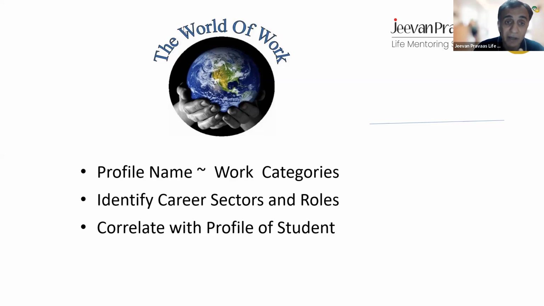Subject is also there, but the core component is the connection with the students, the people orientation. That is how it is decided. Every family, every occupation has a core component, or maybe multiple core components, one or two, but we should be clear about them. Those core components define the category of work.